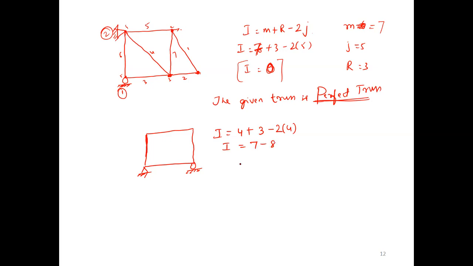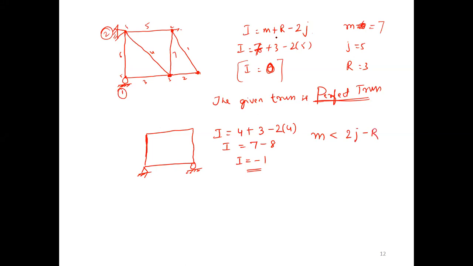Therefore, if you see this, m is less than 2j minus r.